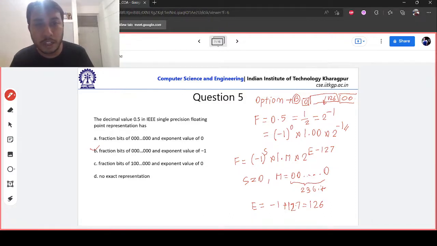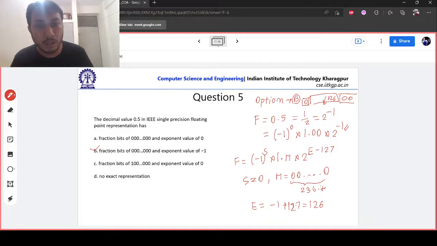If you compare these two equations, what you will find? The s value is 0, the m value is 0, so this will be 23 zeros, and what will be the e value? The e value here is minus 1.